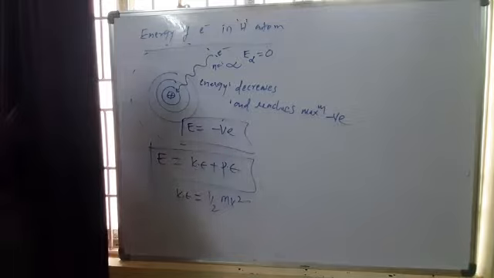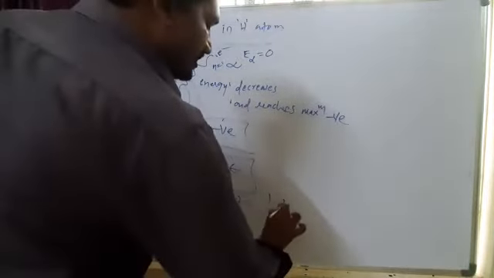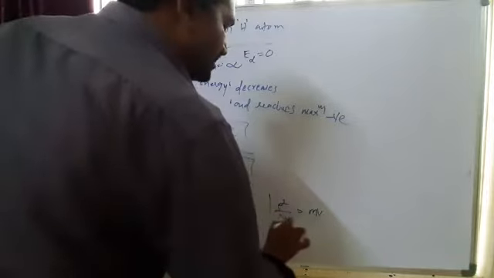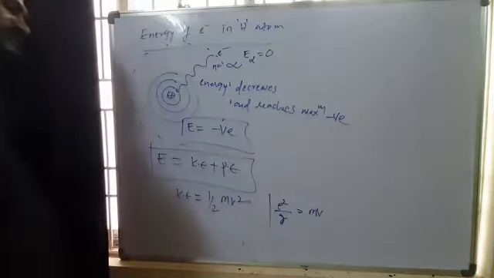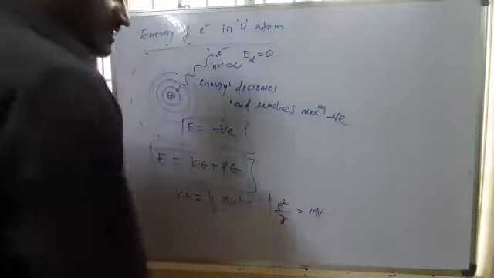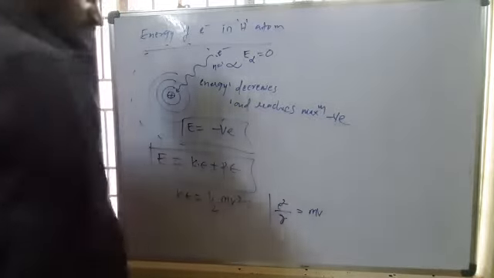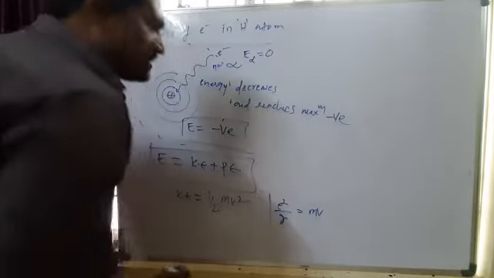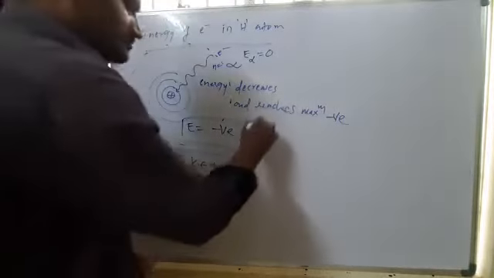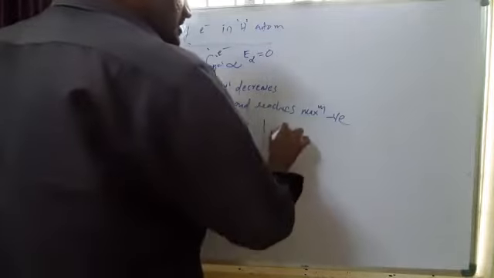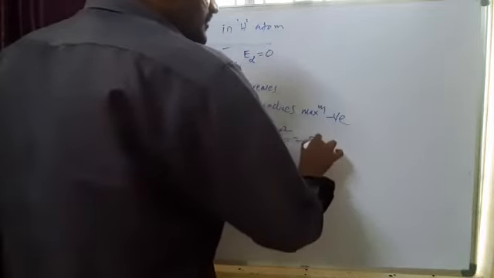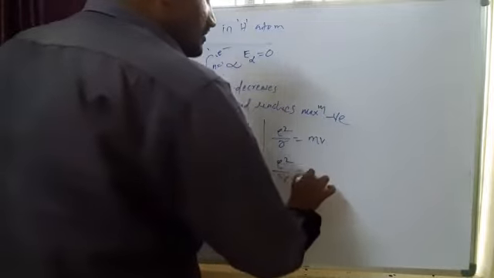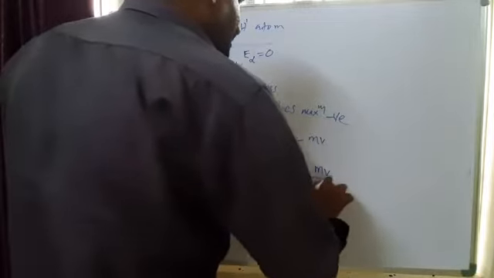We know the formula e square by r equals mv square, which we just derived from the radius. By dividing this equation by 2, we get e square by 2r equals half mv square.